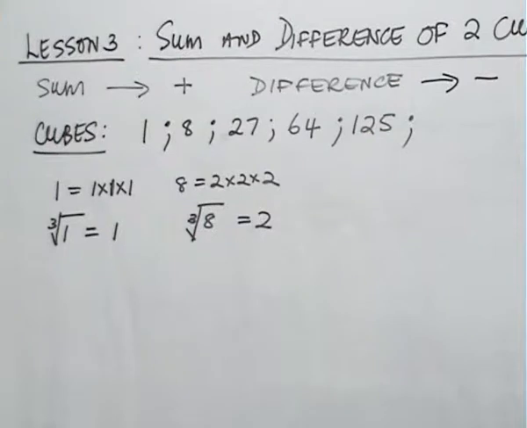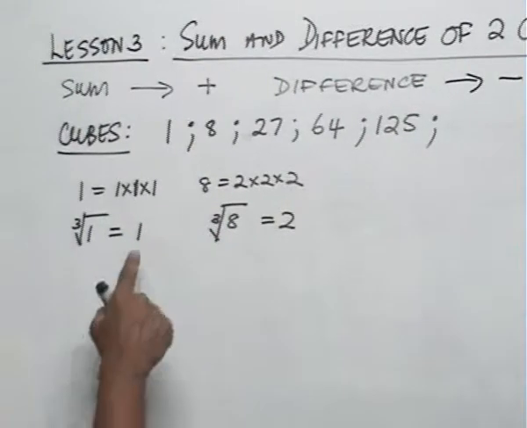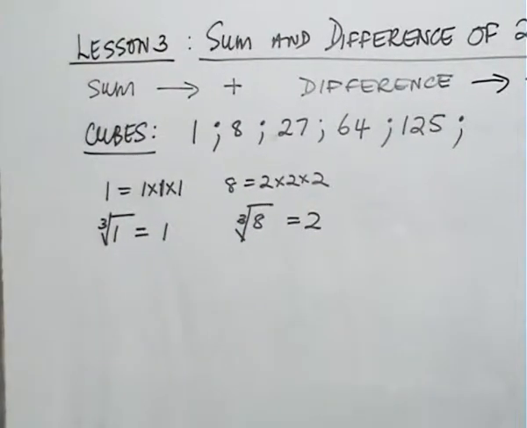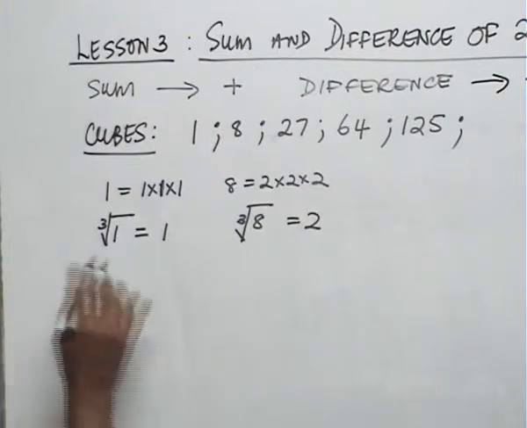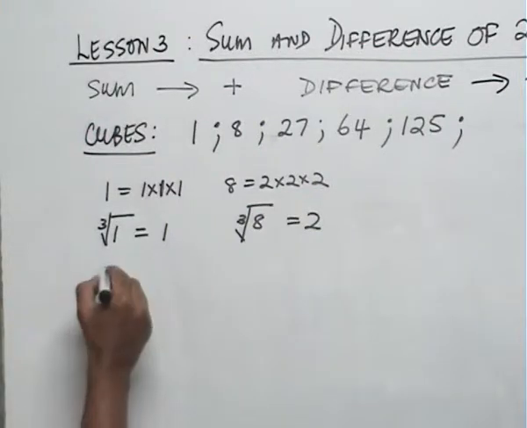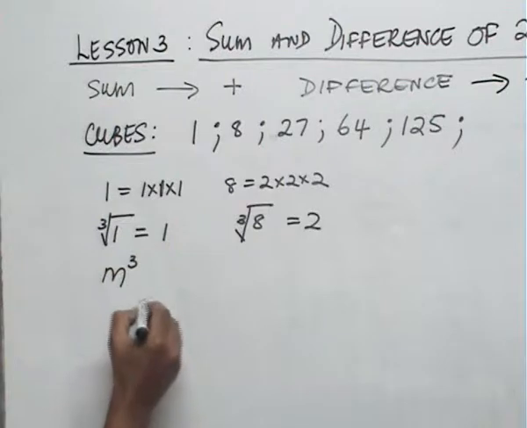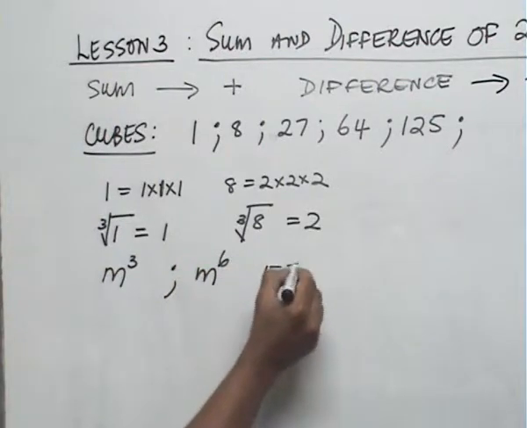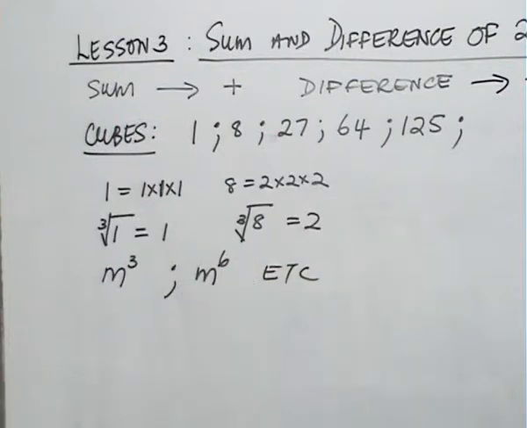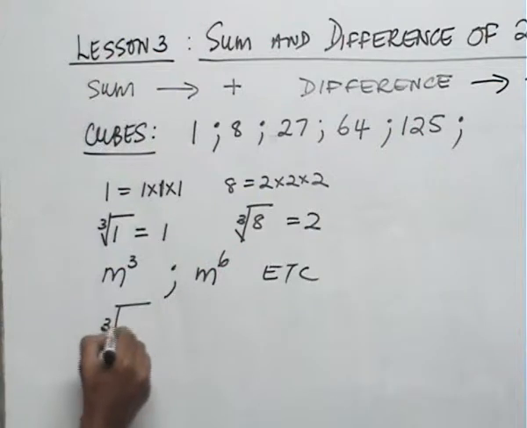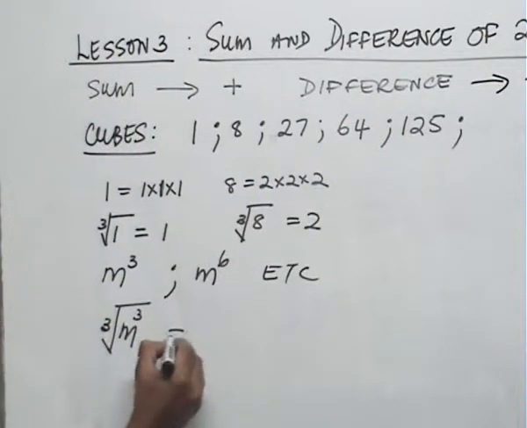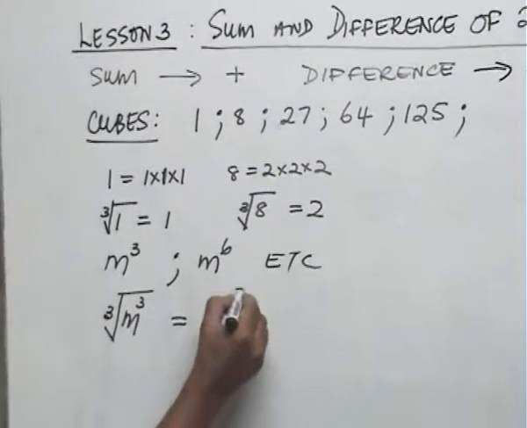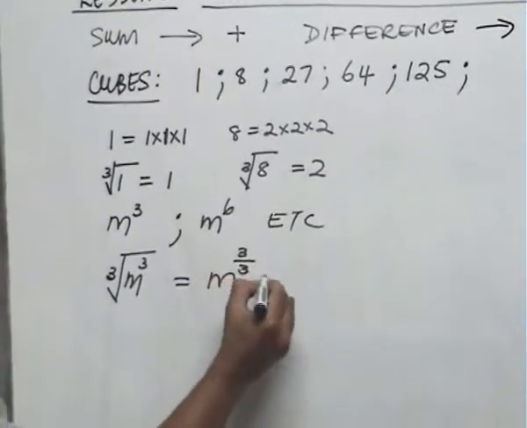Well, you study your scientific calculator and see how you're going to solve that problem. Right. Now, there are other things also. M cubed is a cube, M to the 6 is a cube, etc. So letters can be cubes too. Now, if you're finding the cube root of M cubed, then all you do is you take the index 3 and you divide it by 3.